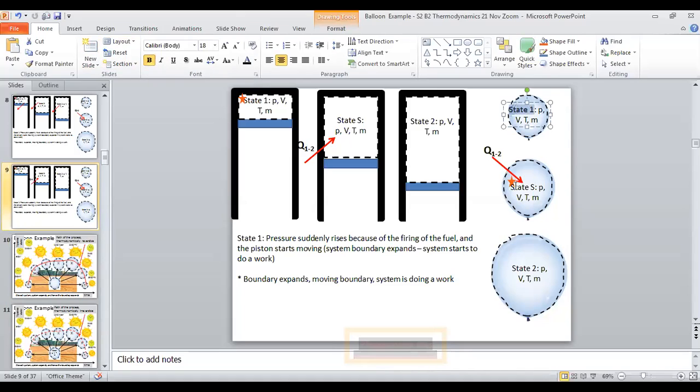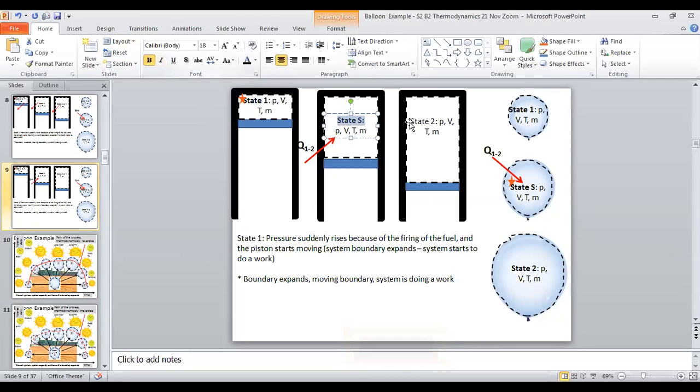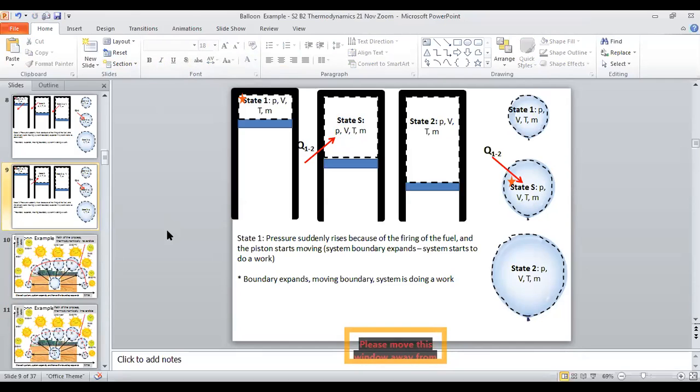This is a general state. So state 1 is the initial state. No matter the balloon or the piston cylinder system, you may have the same.